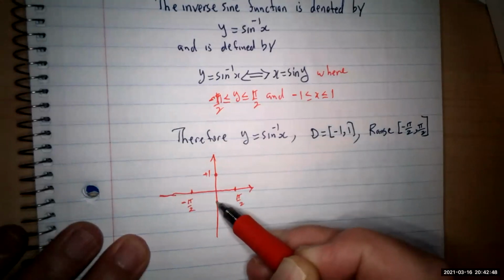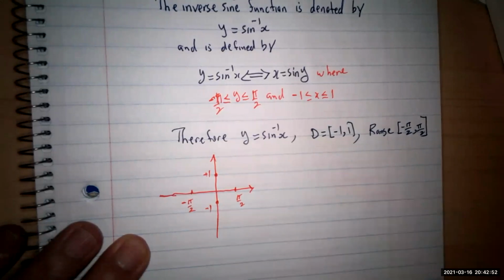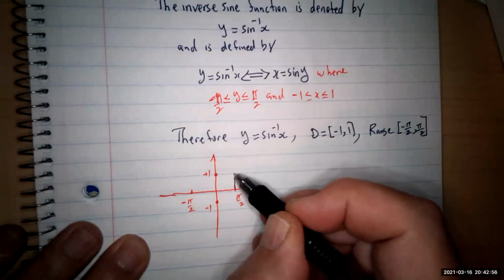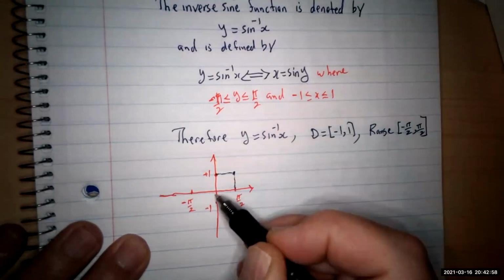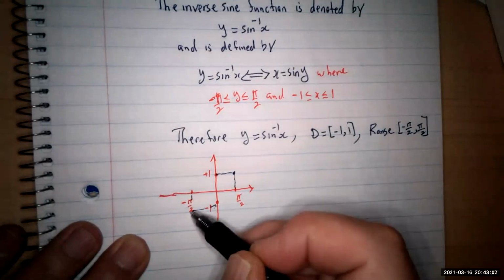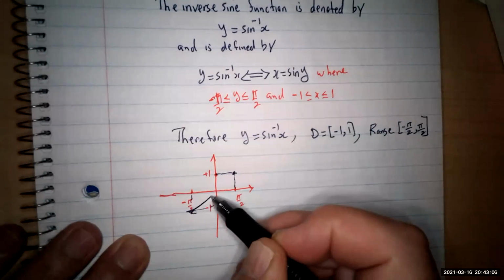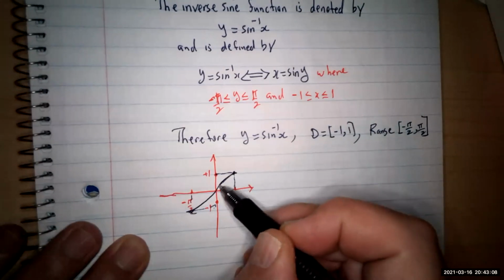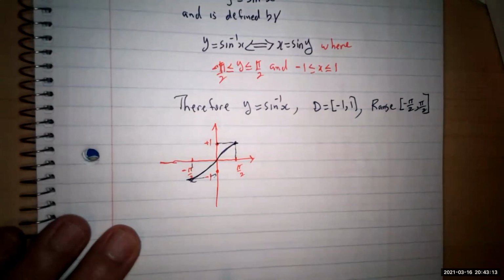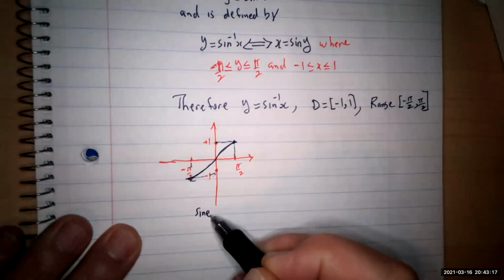This was a -1. Remember this graph? You get a maximum here and the minimum here. That was the graph of the sine function, if you like.